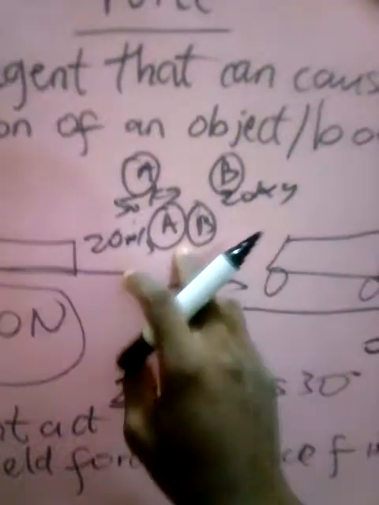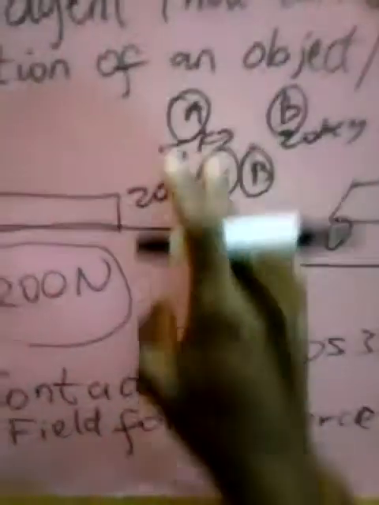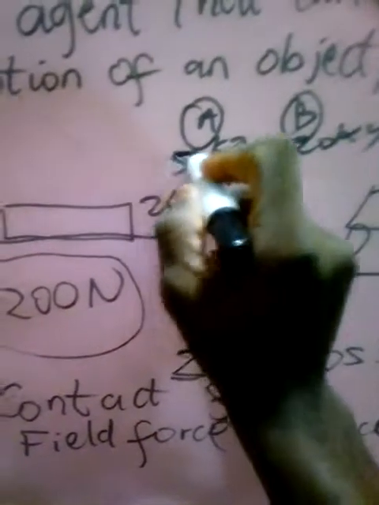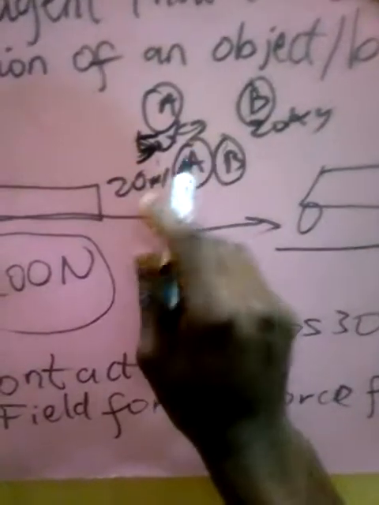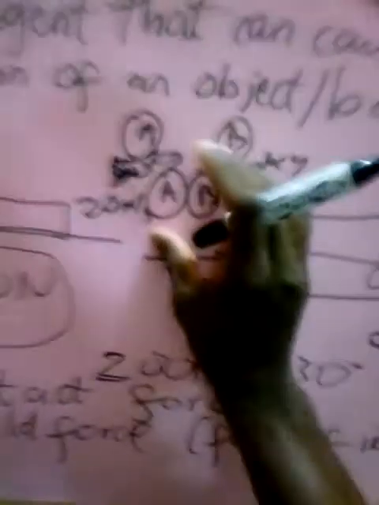Now, this is an example of contact force. Two bodies in contact with each other, where body A exerts a force on B. A is 50 kilograms and moving with a speed of 20 meters per second, and B is 20, but B is stationary. Okay, moving on, there are different types of contact force.